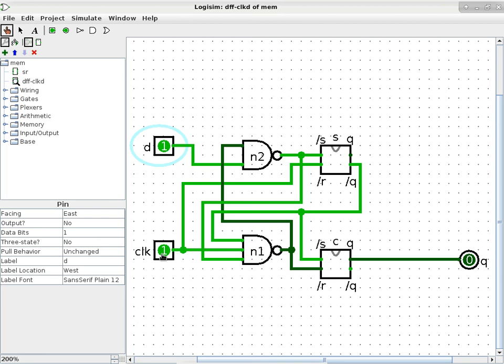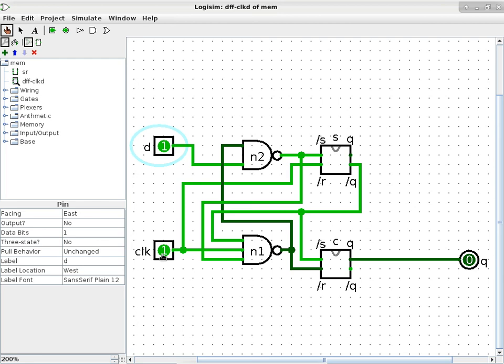It is asserting the set, which means Q is going to be a 1, not Q is going to be a 0. Not Q being a 0 goes into here, which means we're going to set the circuit, which also means Q is going to be a 1. But isn't /R also going to be 0 at the same time? No, /R is 1.